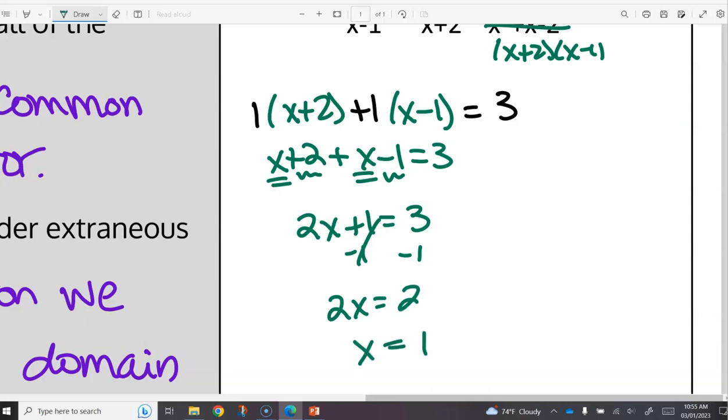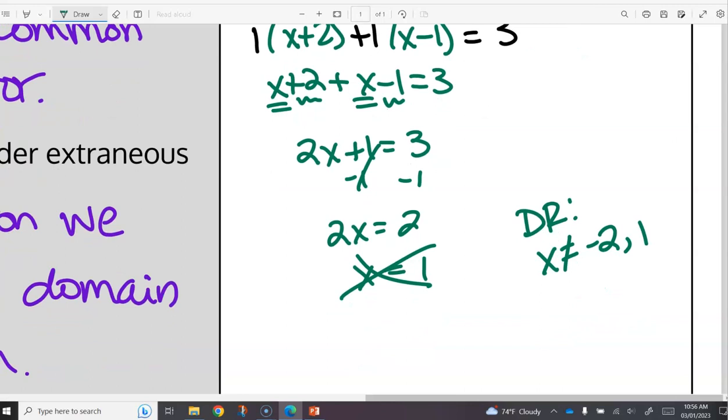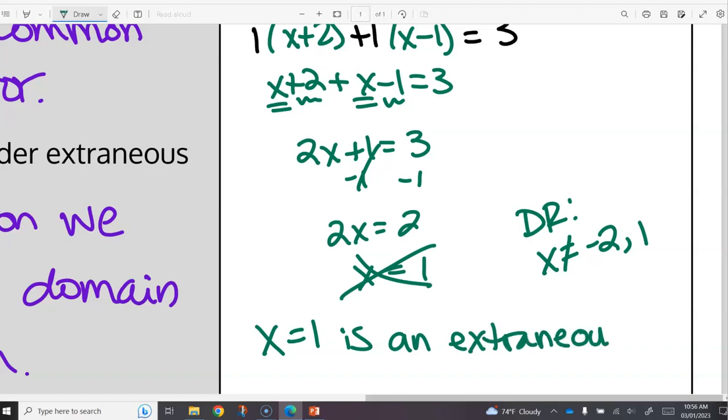Is that allowed? All right, so the math we did wasn't awful, but my answer, what is my domain restriction? I can't be negative 2 or 1, right? And literally the only answer we got was a 1. So this is an example of an extraneous solution, okay? X equals 1 is an extraneous solution.